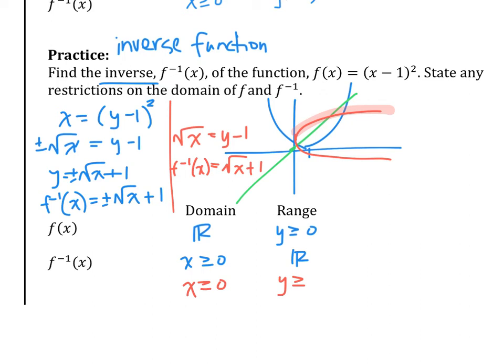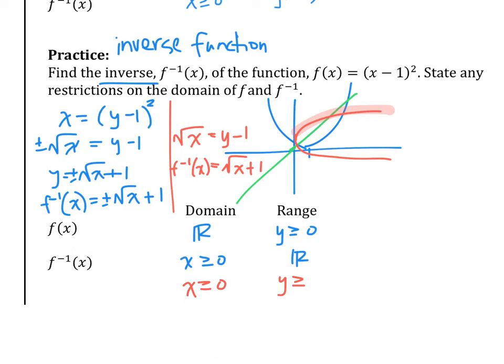So the trick is, what does the question ask? Is it asking for inverse? Then you just give the equation after it's been reflected over the y equals x line, without caring whether the final inverse is going to pass the vertical line test or not.